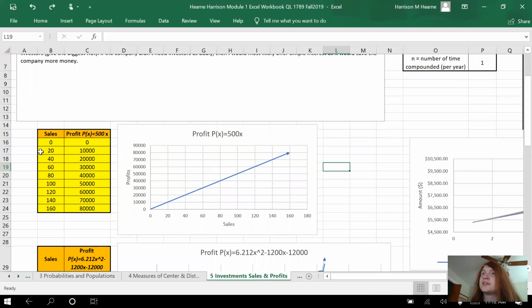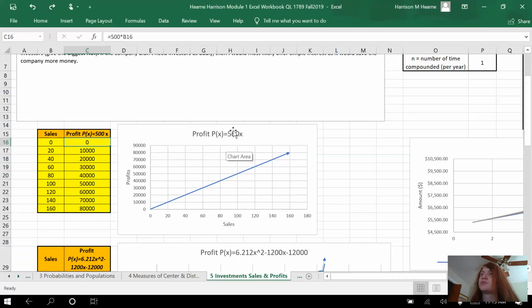So this is a really quick demonstration of an extremely oversimplified profit chart. The formula we're using for this chart here is profit equals 500 times X, where X is the number of sales. So this is a very, very simple way to look at profits. The more sales you get, the more money you will have, which makes sense.